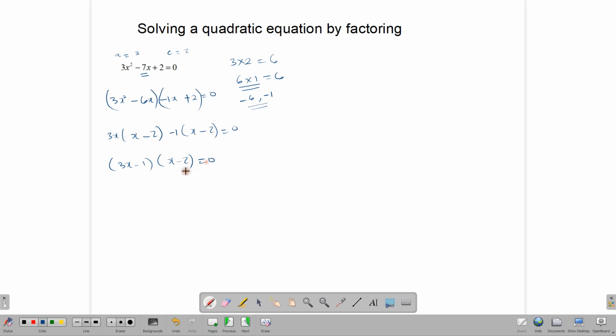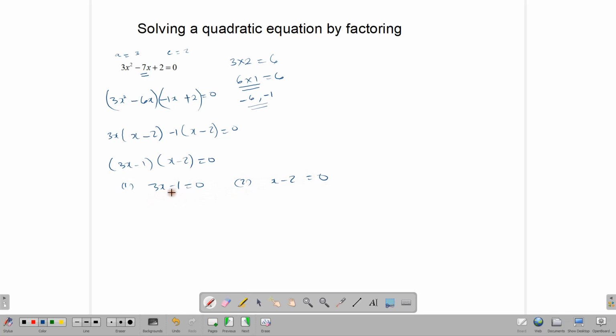That should give us 0. Now, what this form says is this bracket multiplied by this bracket gives us a 0. That can only happen if this bracket or that bracket, or both, are 0. So individually, we write them out to be equal to 0. So we have 1, 3x minus 1 equals 0, and 2, x minus 2 equals 0.